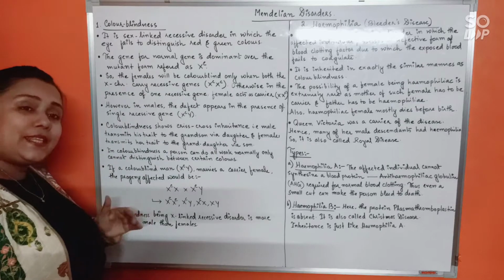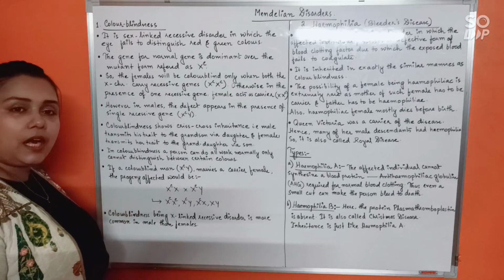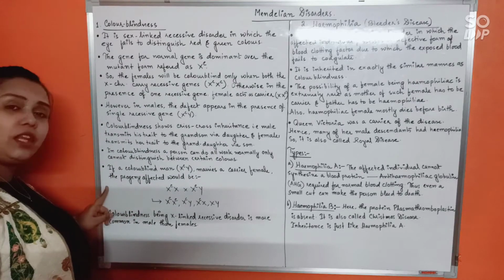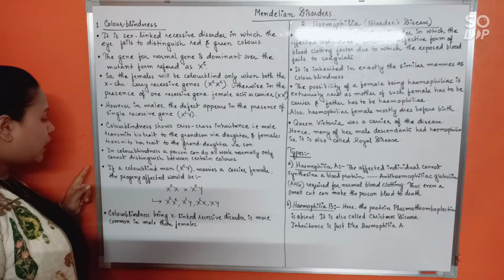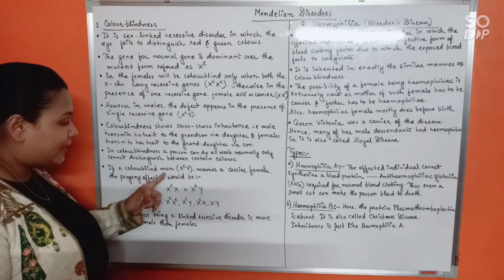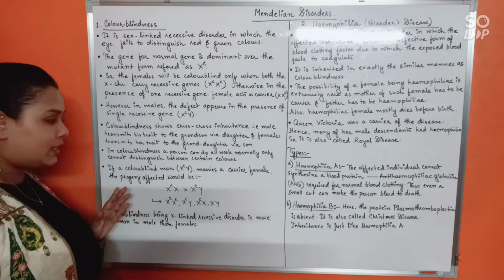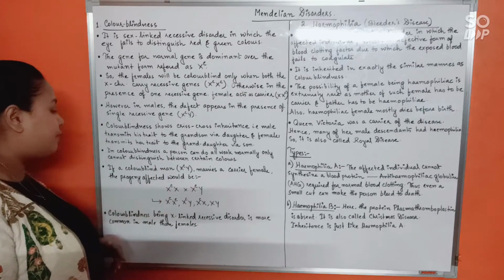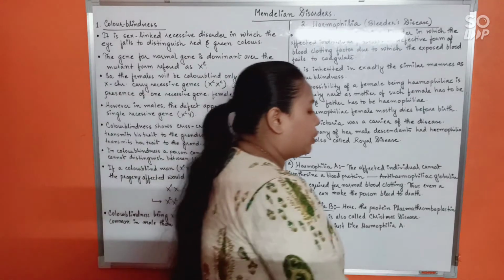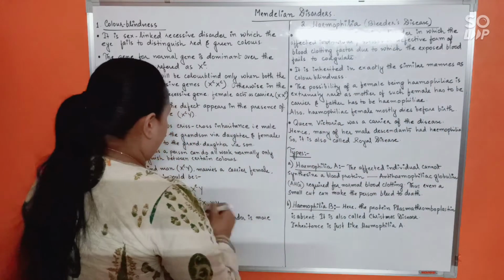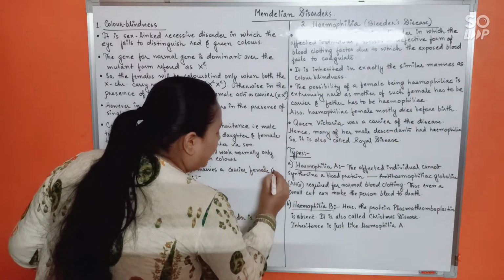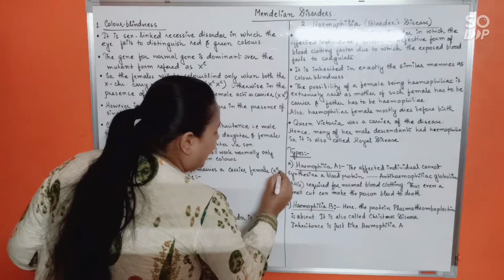Now, for your exam mainly, what kind of questions are asked from this section? This is very, very important. See, if a colorblind man, that is XCY, marries a carrier female, of course the carrier female will be XCX.